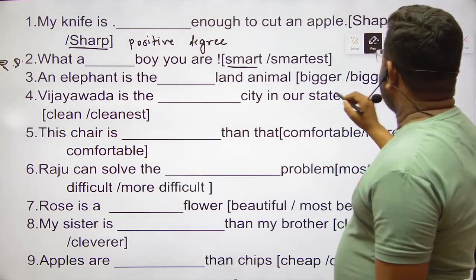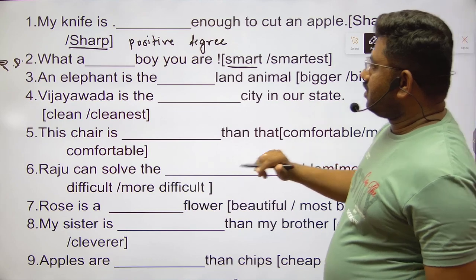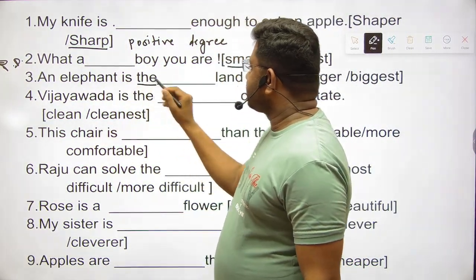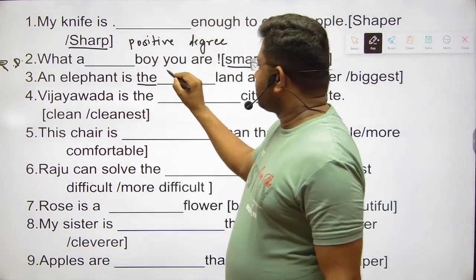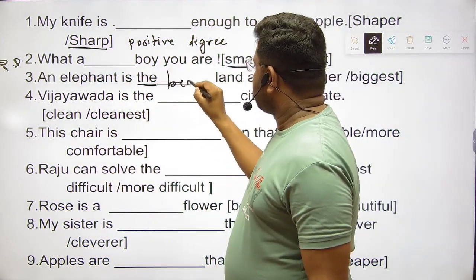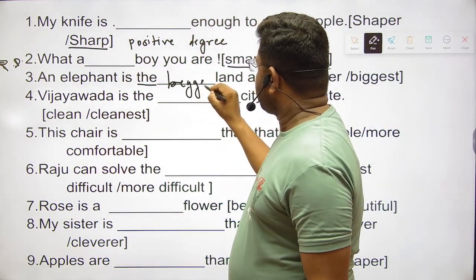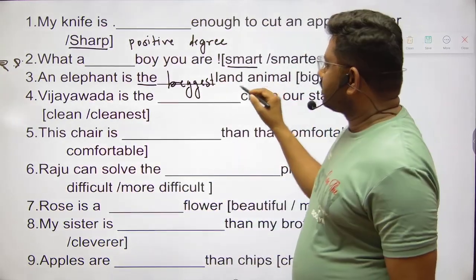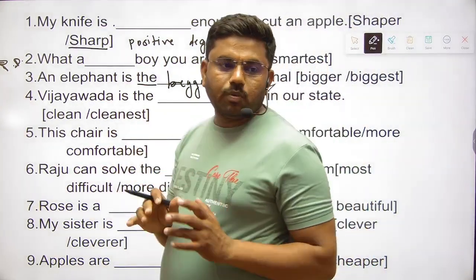Bigger or biggest? See, the is here already. An elephant is the biggest land animal. Now it is a sentence of the superlative degree.